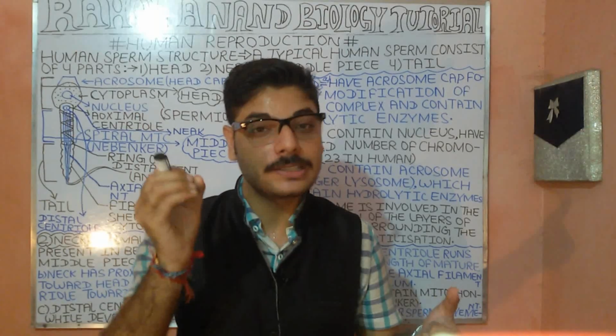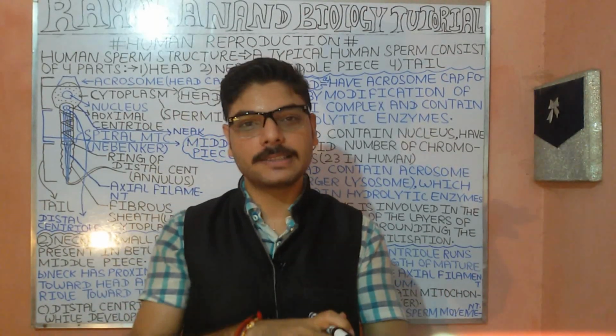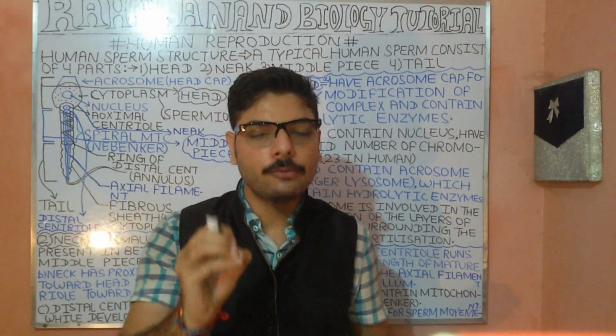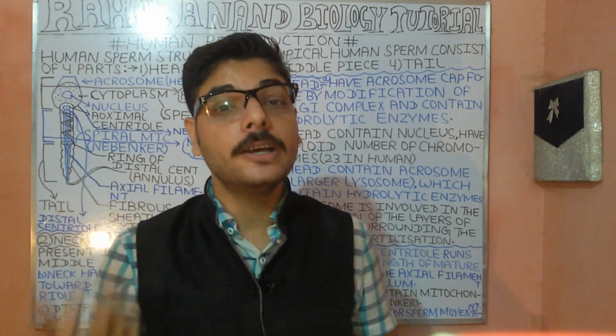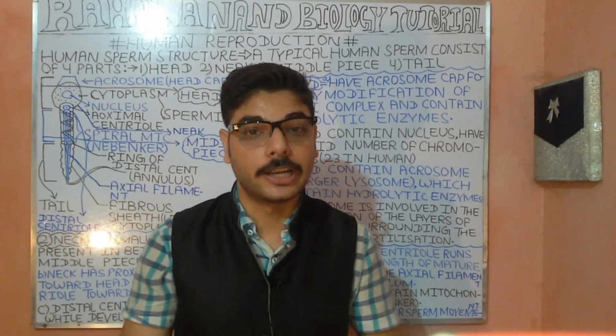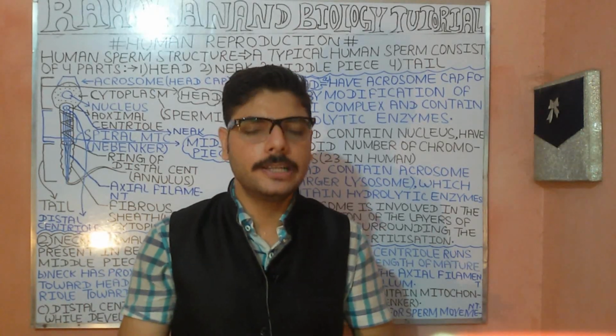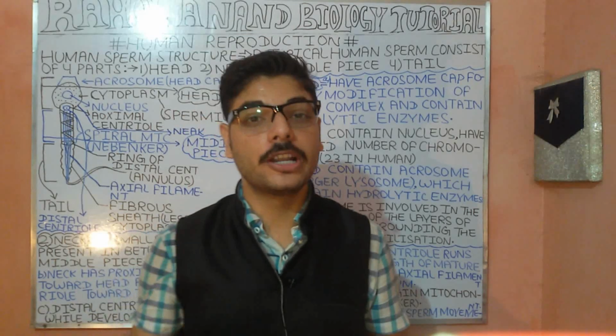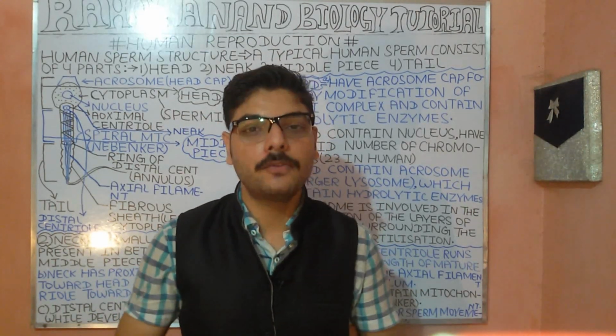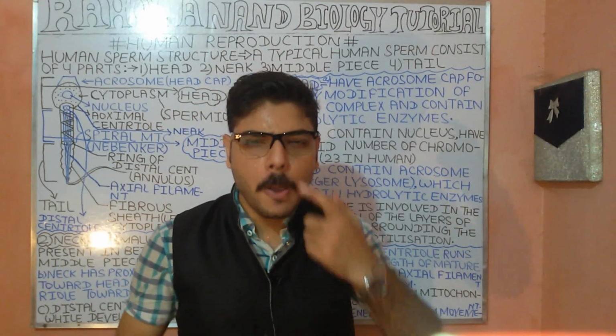Remember why it was necessary to understand the Golgi complex and Golgi apparatus. Next, the head portion, as well as the acrosome, contains the nucleus. So it contains the haploid number of chromosomes, 23 in humans. Understood?